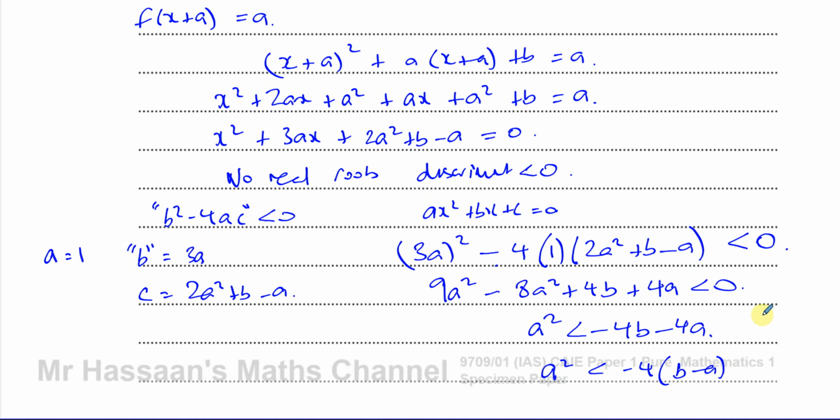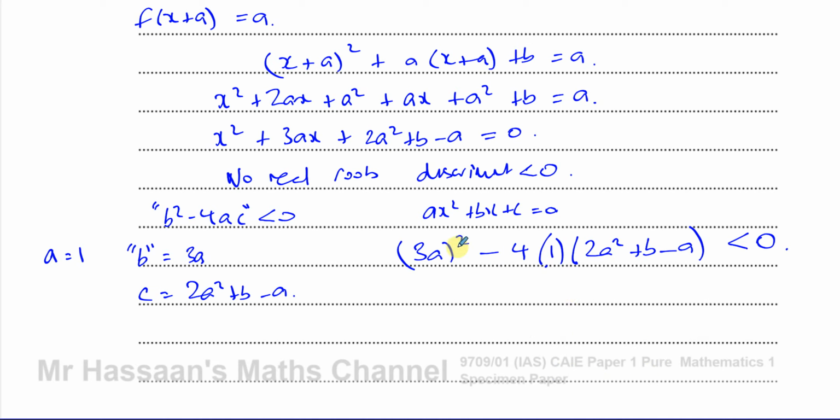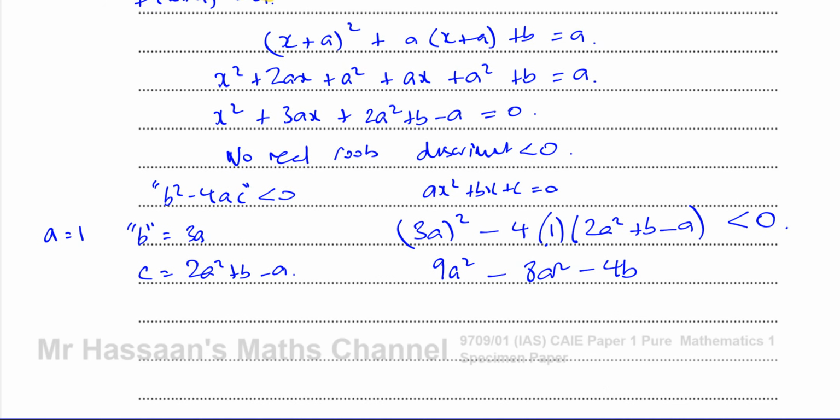Plus 4 times. What did I do? Minus 4. Okay, so now we got 3a all squared, which is 9a squared, minus 4 times 2a squared, which is minus 8a squared, and we have minus 4 times plus b, which is minus 4b, and we're going to have minus 4 times minus a, which is plus 4a, is less than 0.